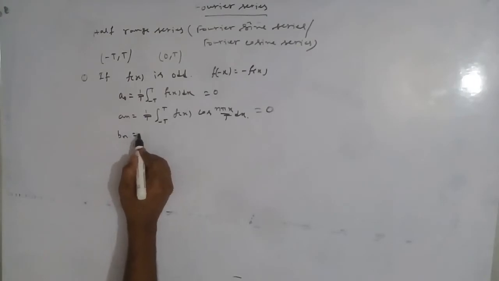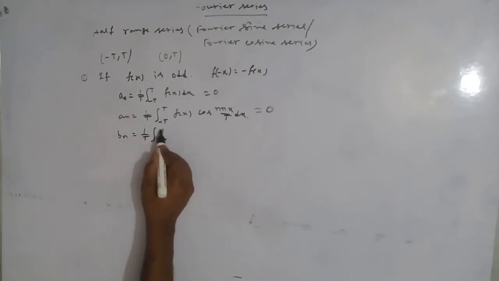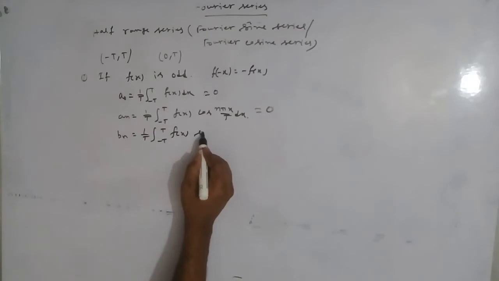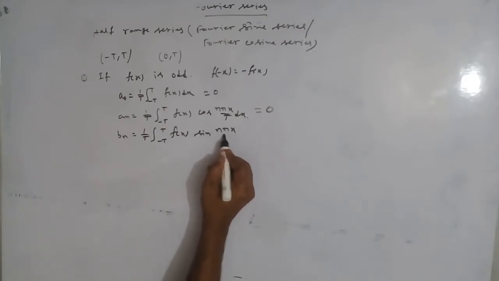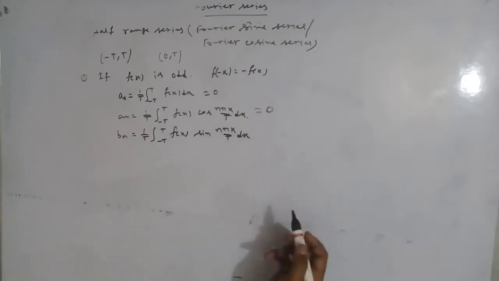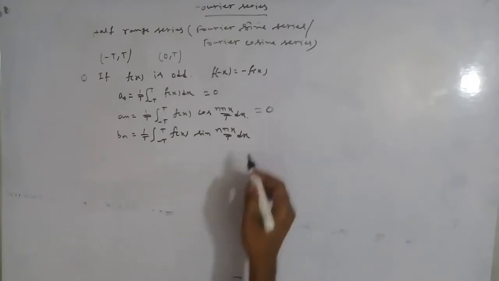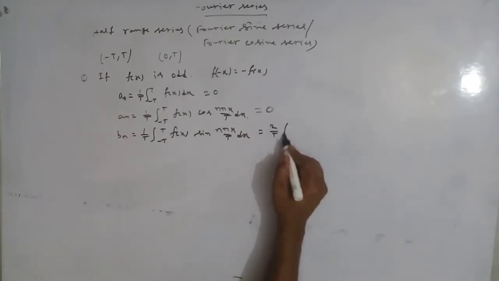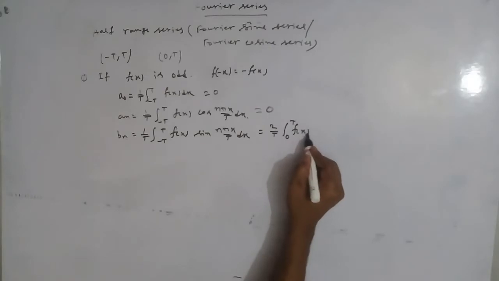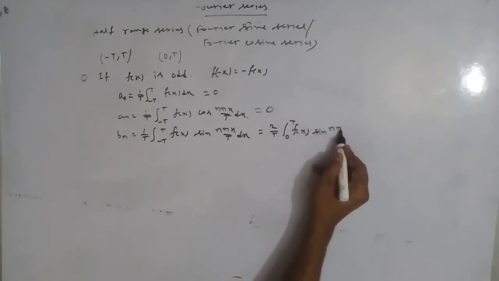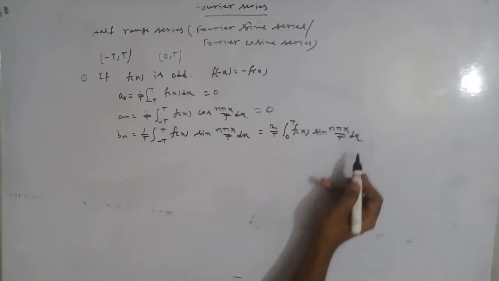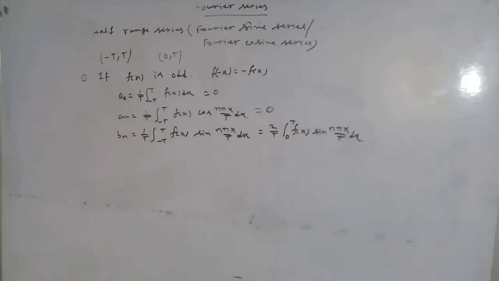Now bn is 1 by t integral minus t to t f(x) sin n pi x by t dx. Now f(x) is odd, sine is an odd function, so the product of two odd functions is always an even function, so it can be written as 2 by t integral 0 to t f(x) sin n pi x by t dx. So here we can see that if f(x) is an odd function, then a0 and an are both 0.